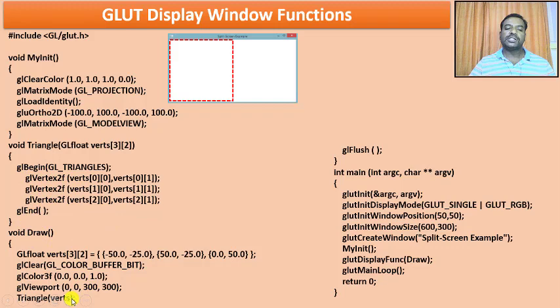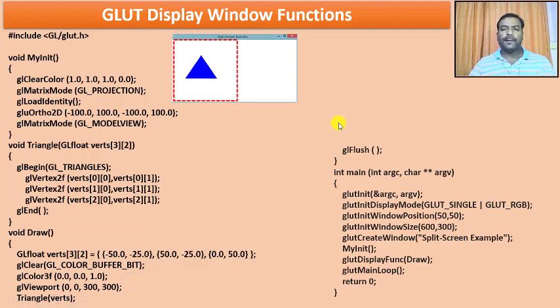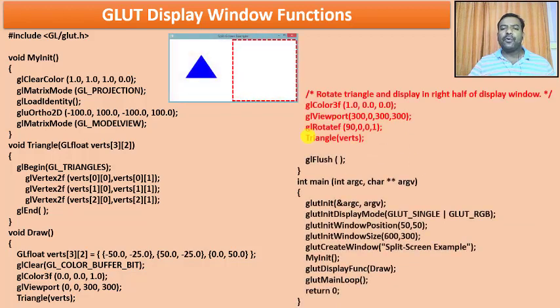And once this is executed, I'll be able to flush it out onto the display, where I am going to see a triangle, and GLUT mainly will initialize this entire execution, and this is how the program is going to work.